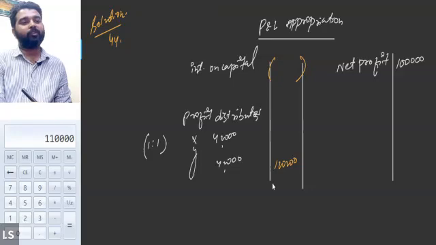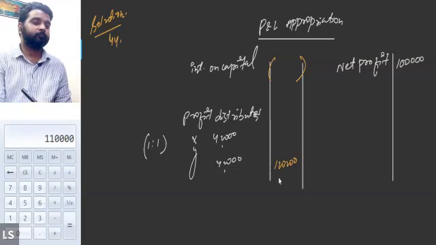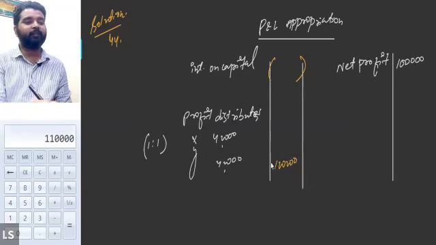We should have got 80,000, but we are getting 1 lakh. How much extra profit? 20,000. And this 20,000 must have been divided among the partners in the equal ratio. That means both partners must have got 10,000 extra. Am I right? Yes, sir.